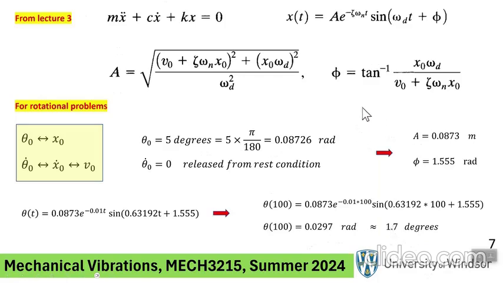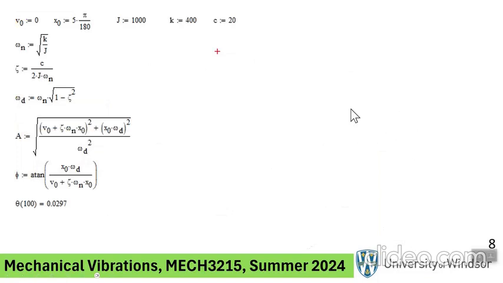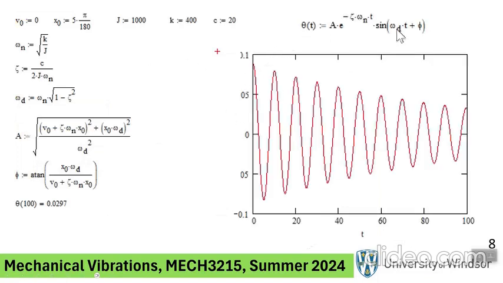You can see that it started from 5 degrees and it oscillates and damps out to 1.7 degrees as amplitude. Now I've also done the plot of this theta for you here, using MathCAD, my favorite package.